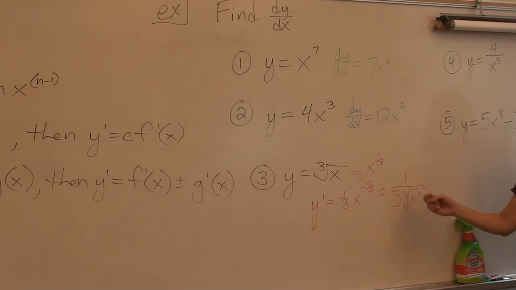So this is 1 over 3 times the cube root of x squared. The negative puts it on the bottom, top number's the power, bottom number's the root. Have to be able to go back and forth.